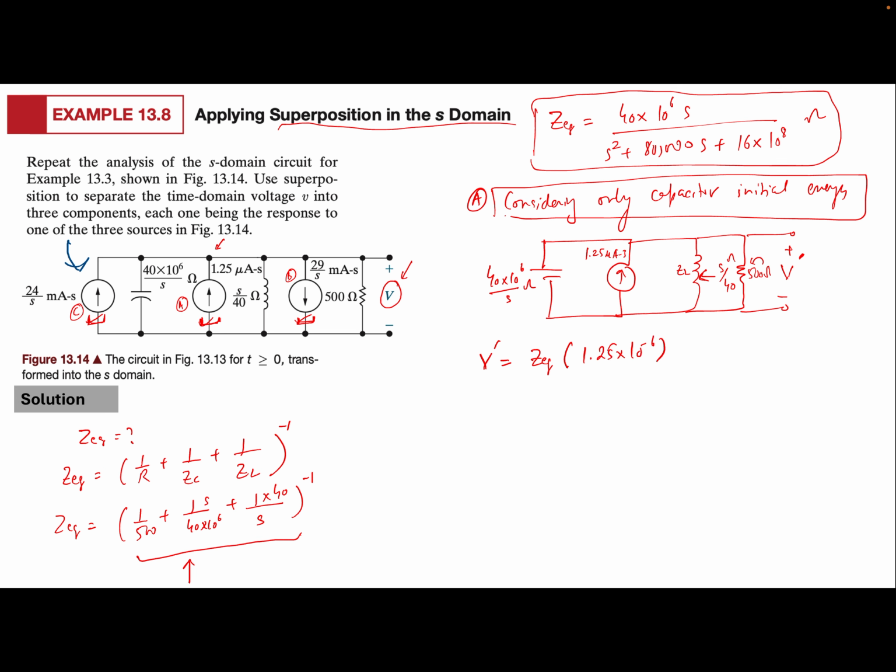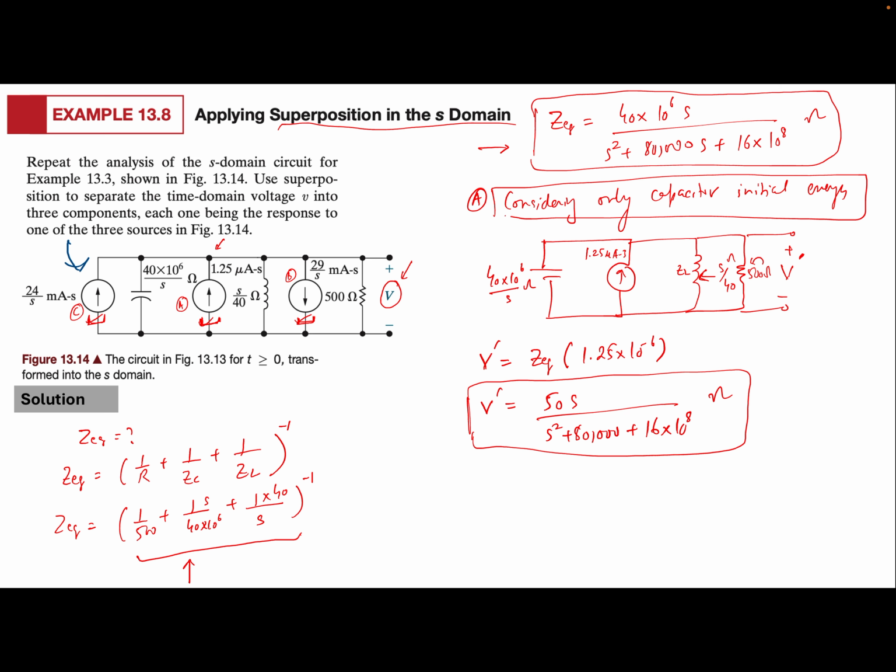If you were to solve that, and again your Z equivalent is this thing, multiply that by 1.25 into 10 to the 6, the answer is going to come out to be 50 S over S square plus 80,000 S plus 16 into 10 to the 8 ohms. Okay, so this is good. So this is the V dash that came out to be.